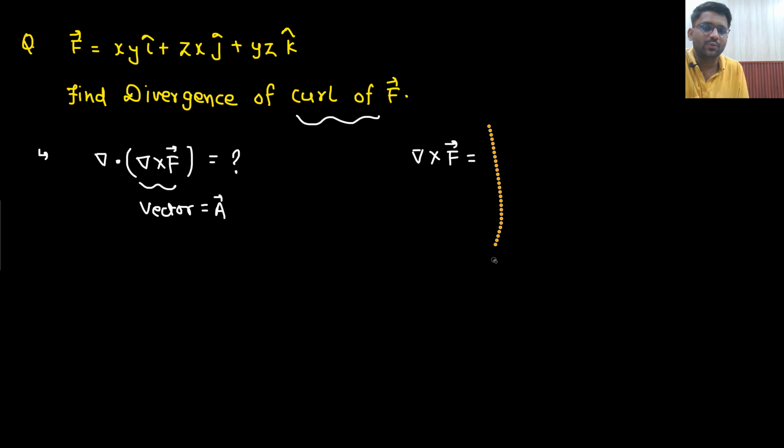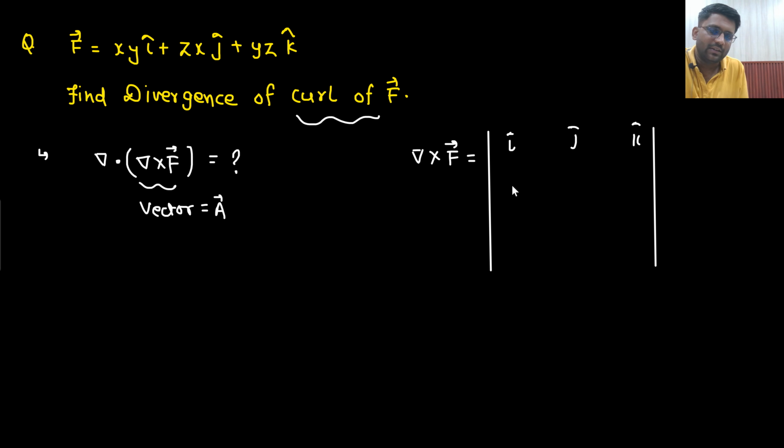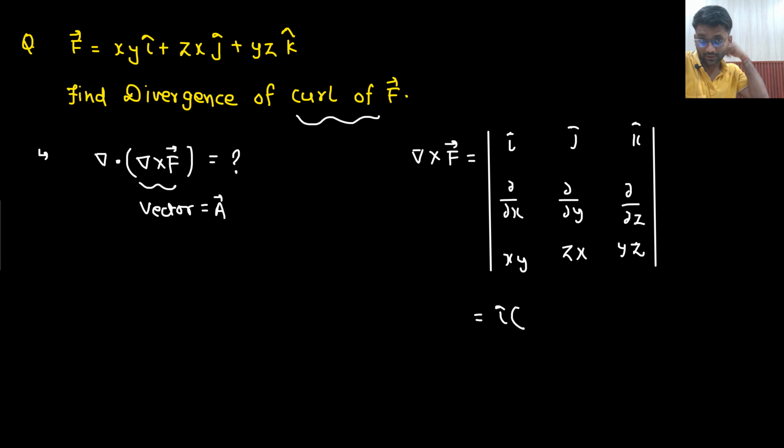Curl of f I am supposed to calculate: i cap, j cap, k cap, and I am equating it to a vector. It is not a very difficult task. Very simple it is. Del by del x, del by del y, del by del z, with xy, zx, yz. What is the answer I will get? Partial differentiation with respect to y will be z.